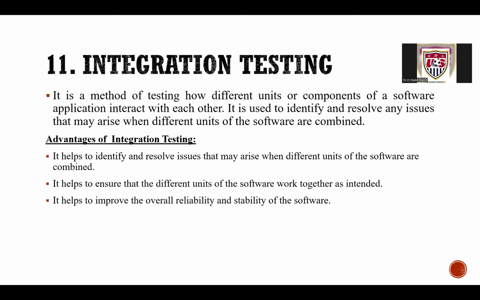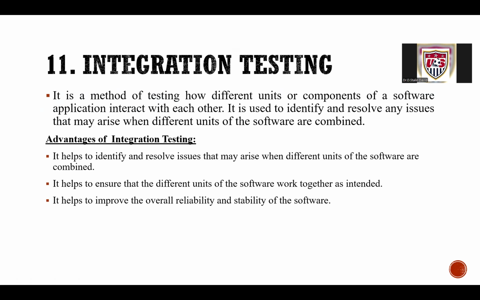The next way is Big Bang integration testing, which combines all the modules, top-down and bottom-up, and integrates them all at once for testing. Next is incremental integration testing, which integrates the modules in very small groups and tests each group as it is added to the software.